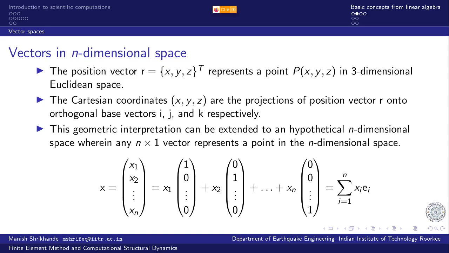And of course, we cannot visualize anything beyond 3 dimensions. So it is a hypothetical n-dimensional space, an abstract concept, but mathematically, all operations that we define for three-dimensional vector space carry over seamlessly to n-dimensional vector space.